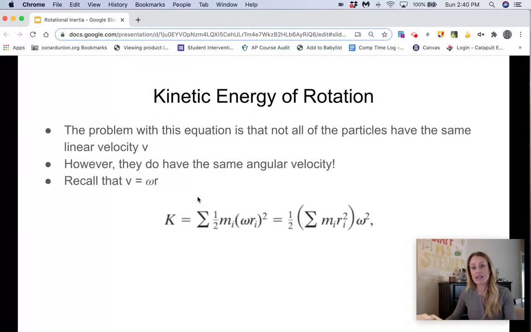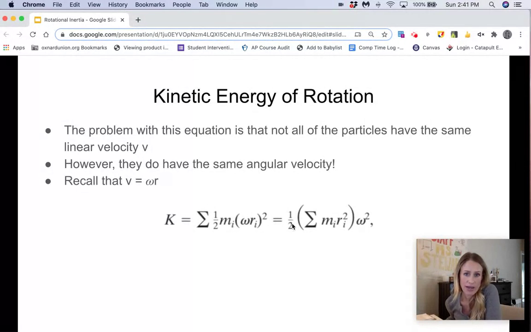We plug that in for v in 1/2 mv squared, and distribute the squared term to both the angular velocity and the radius. Because each particle in that rotating body has the same angular velocity, we can just factor that one angular velocity out.